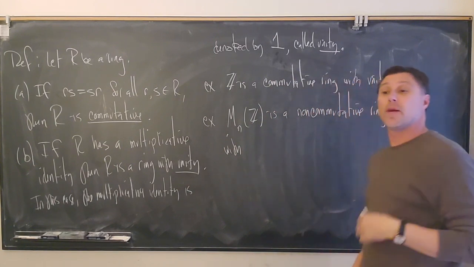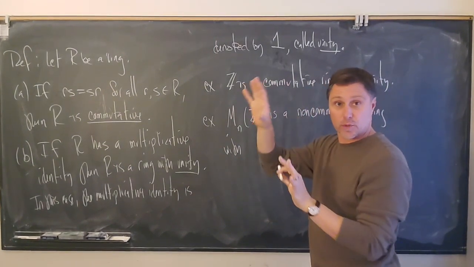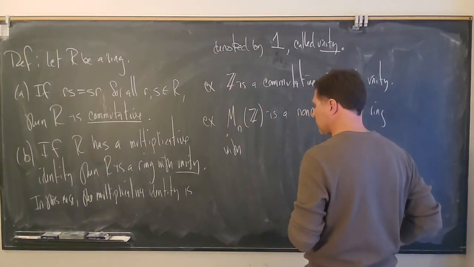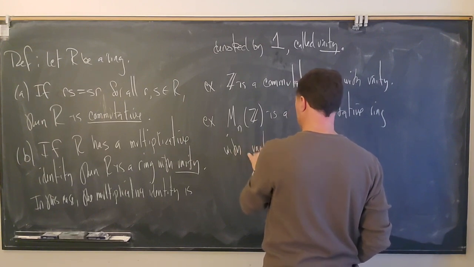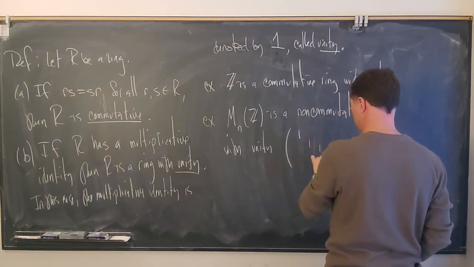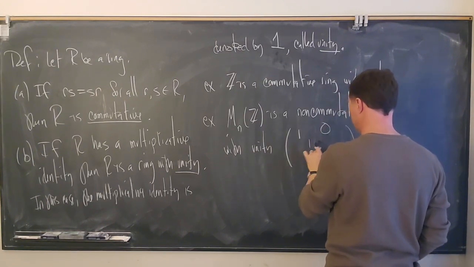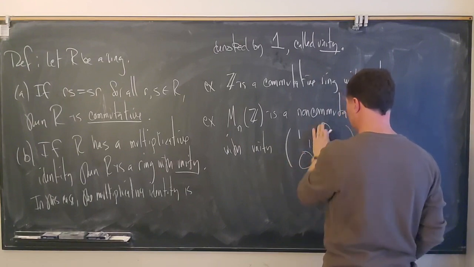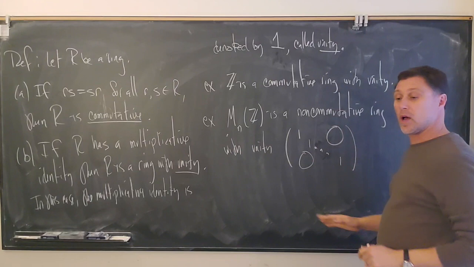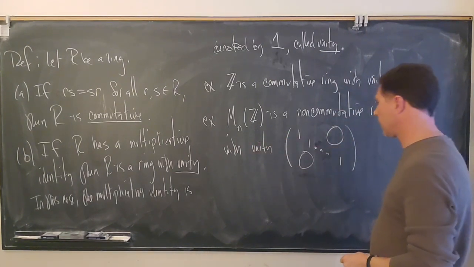In this case, the multiplicative identity is the identity matrix, the matrix with zeros everywhere off of the diagonal and ones along the diagonal. So ones along the diagonal, zeros everywhere else. This right here is the multiplicative identity inside this ring.